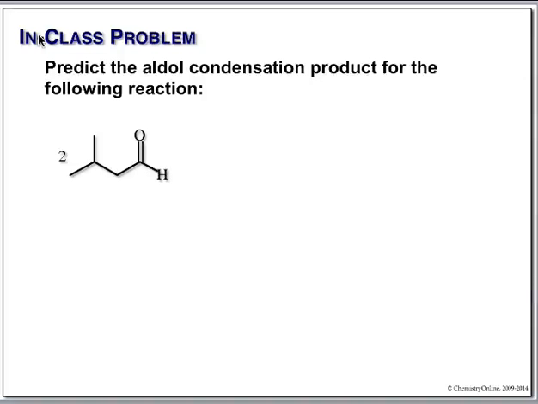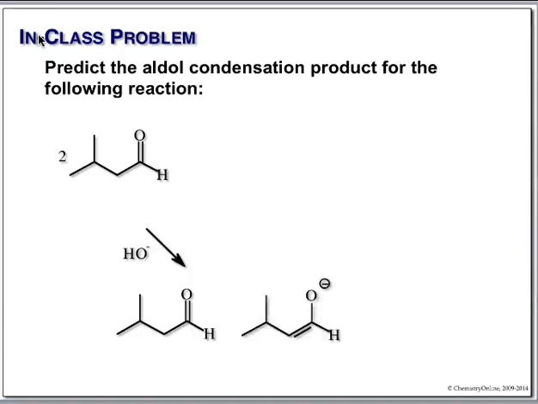All we're doing is pulling hydrogen off here, making an O minus. We know that that's going to react with another mole of our aldehyde, so that's what this is. And this is the enolate anion. Pull off the alpha hydrogen, make the enolate anion.